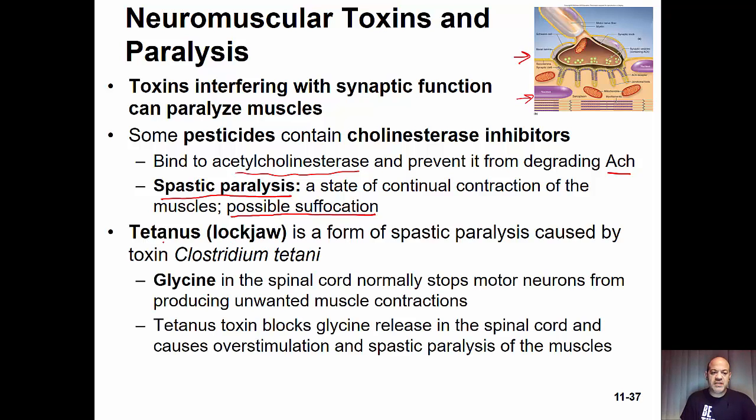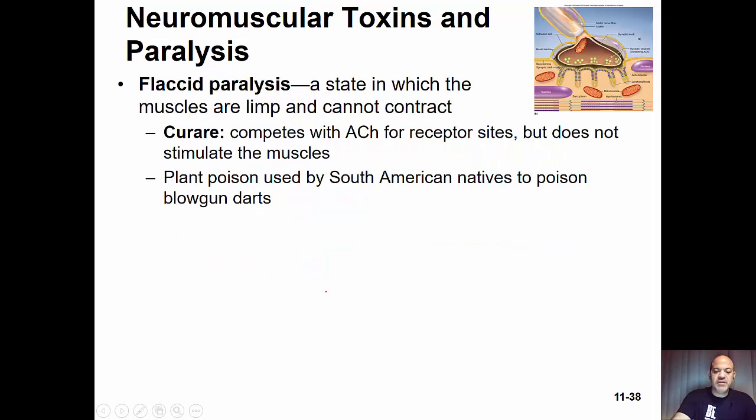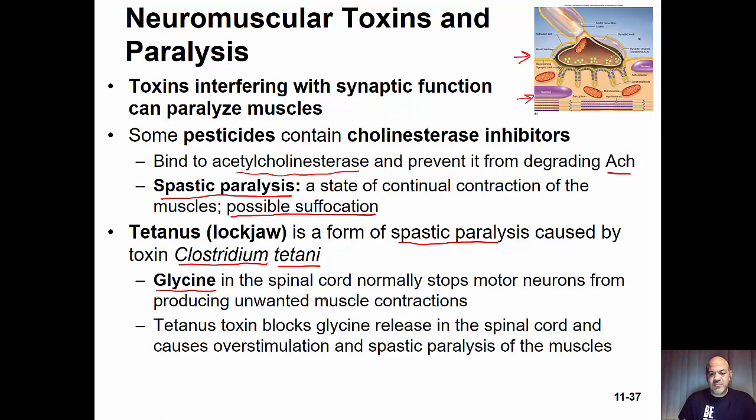There's another disease called tetanus or lockjaw caused by a bacterium called Clostridium tetani, and the way this one also causes spastic paralysis is that there is a compound, glycine, found in the spinal cord, which normally stops the motor neurons. The motor neurons are the ones that send the message to the muscle to contract.